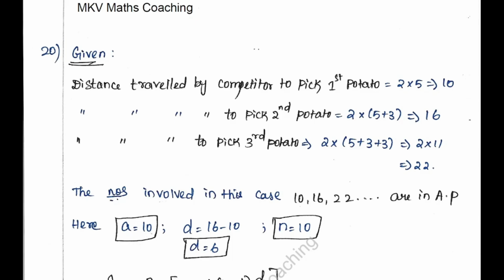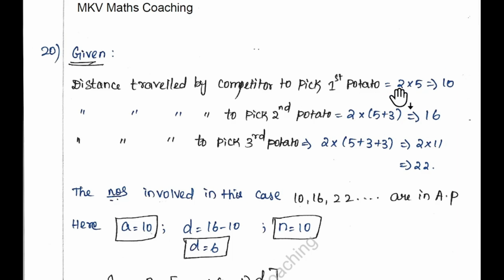So first, when a girl runs to pick up the first potato, she has to run 5 meter and get back to the bucket for another 5 meter. So you have to multiply every distance with 2, right? So the distance traveled by the competitor to pick the first potato is 5 meters, and you have to go and pick the potato and come back to the bucket.